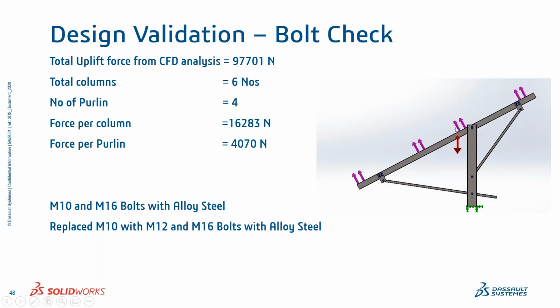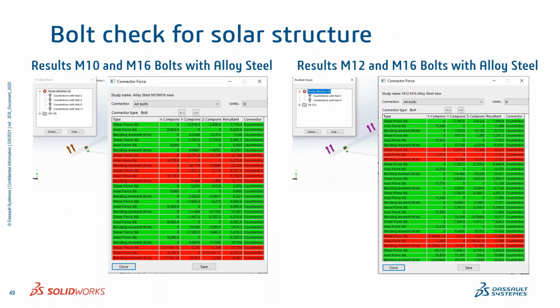If you apply the same force on these particular beams, you can do trial and error, or you can optimize the size of the bolt, whether we have to use M10 and M16 bolts, or we can replace that with M10 to M12. How we optimize the size of the bolt can also be estimated by making use of the finite element analysis solver.